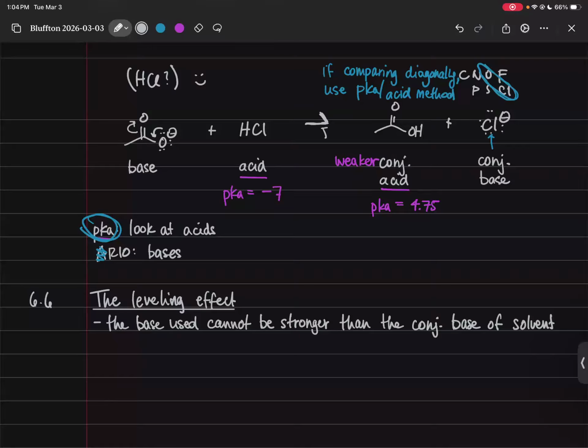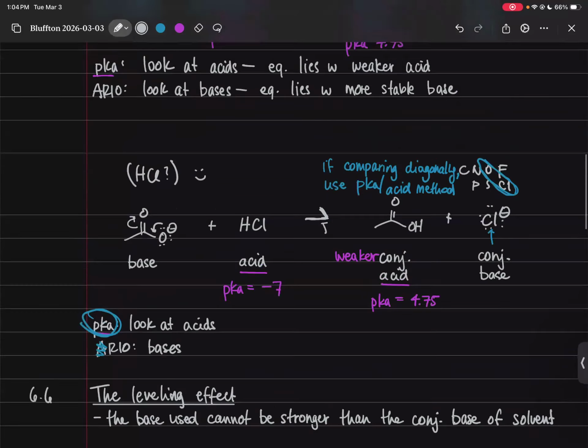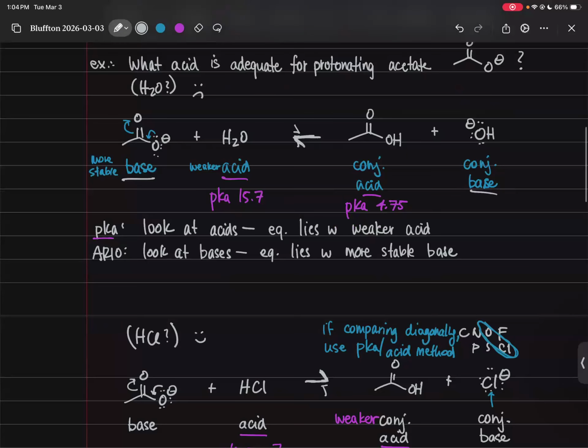And it doesn't work at all. Correct. Yep. So, good question. Only one of these methods is necessary when you're doing these problems. The pKa table is going to be easier because you're literally given the values. But if you have a more complicated molecule that doesn't look like anything that's in the pKa table, then you'll need to use ARIO.